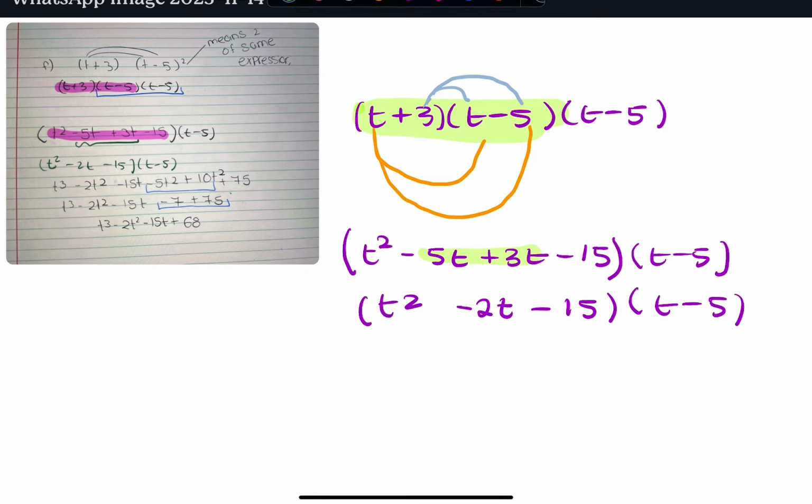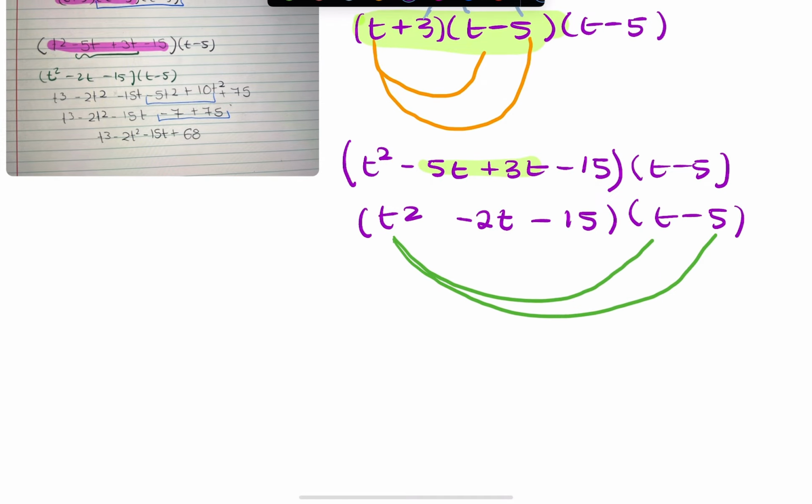And then we do the same trick again. We multiply this times this, and this times that. So t squared multiplied by t will give you t to the power 3.